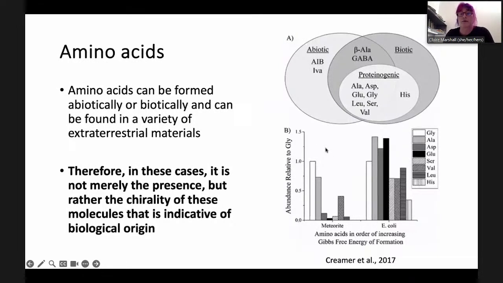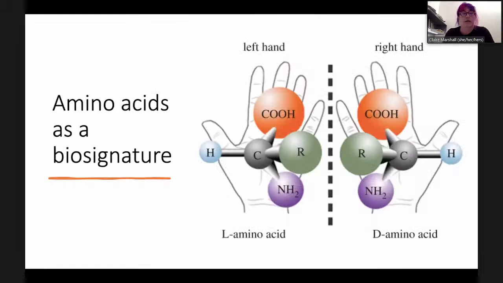And as we all know in this audience, we can also find the presence of amino acids, for example, in meteorites. So in these cases, it's not merely the presence, but rather the chirality of these molecules that is or could be indicative of a biological origin. So we could use amino acids as a biosignature based on their chirality.